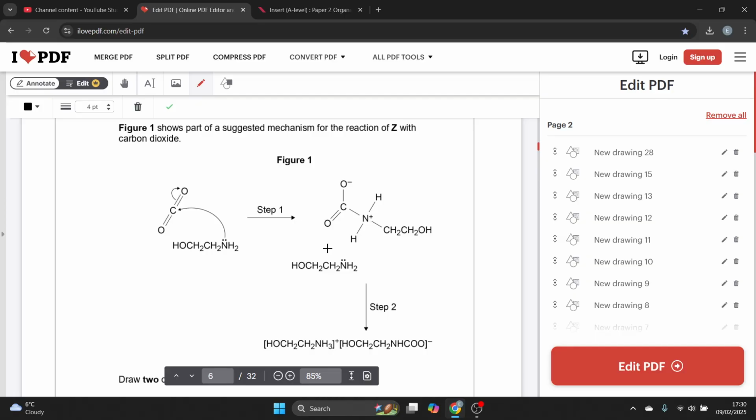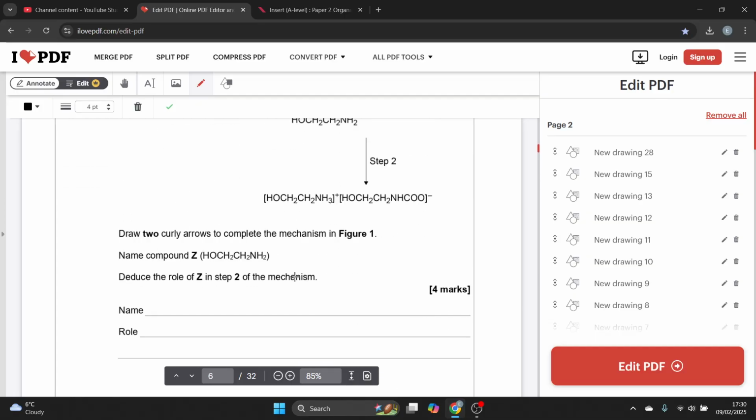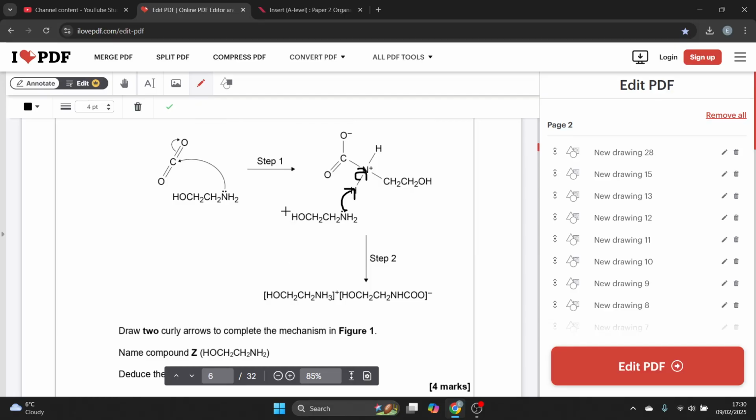In this case, it's not that. It takes acid base, takes a proton, and then leaves like this, and then there you go. A curly arrow there, and a curly arrow there. 2 curly arrows.